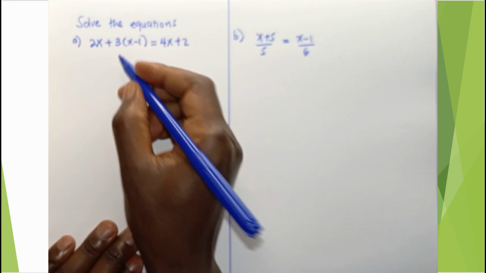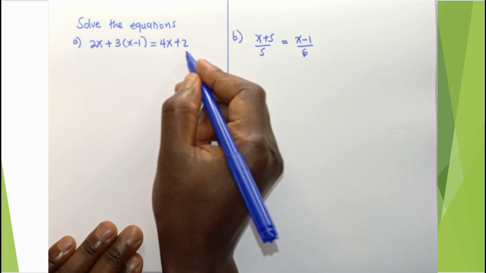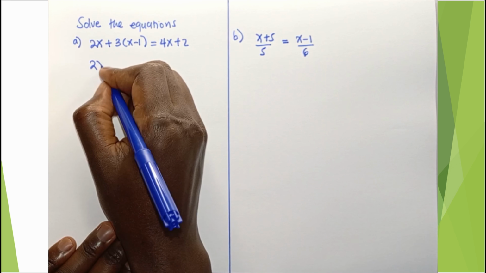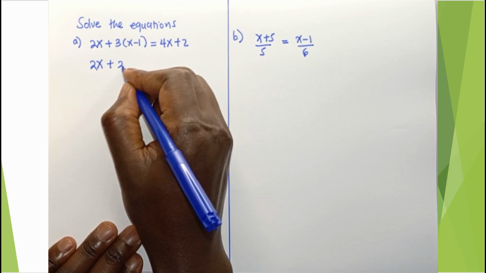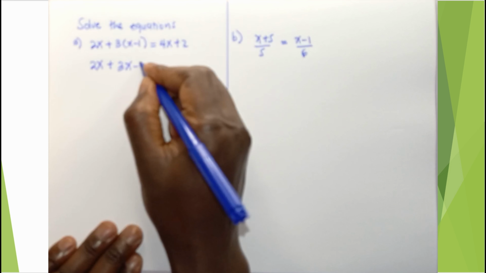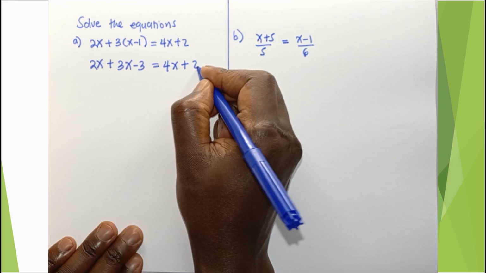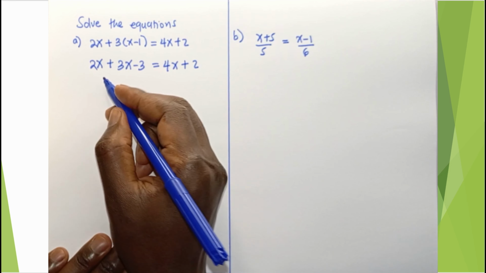Now, to deal with such equations, we do the normal thing. Since it is a linear equation, we just simplify. So we have 2x plus, we expand the bracket, becomes 3x minus 3 is equal to 4x plus 2. Now these equations are one of the simplest in this category.